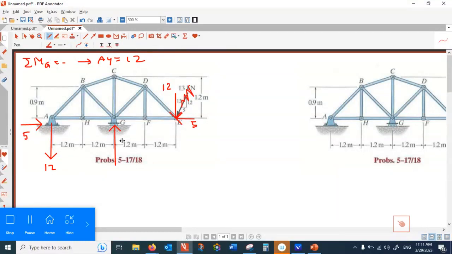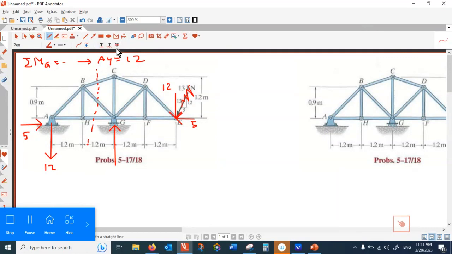All right, now we are ready to apply method of section here, right? Maybe this time, instead of the method of finding the shortest distance, we resolve the forces in BC into two components.